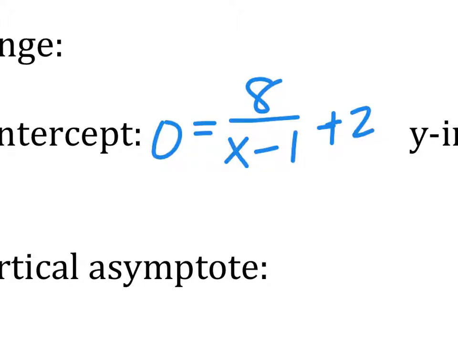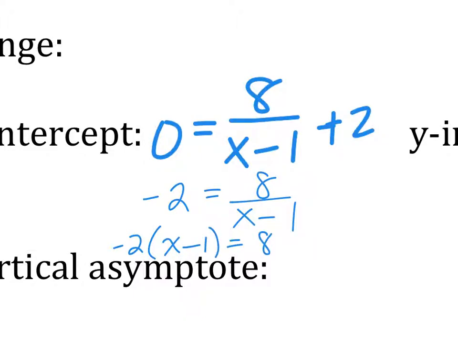Move the 2. Very good. Minus 2 is equal to 8 over x minus 1. What's next? Multiply the x minus 1 to the other side. Minus 2 times x minus 1 equals 8. You can solve this one, right? Yes. Okay, go ahead and figure out where the x-intercept is.